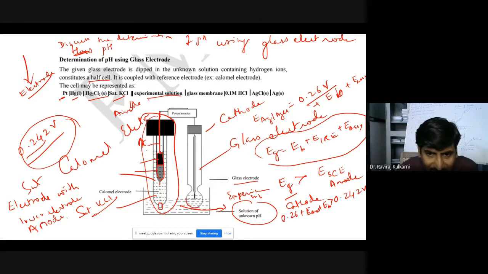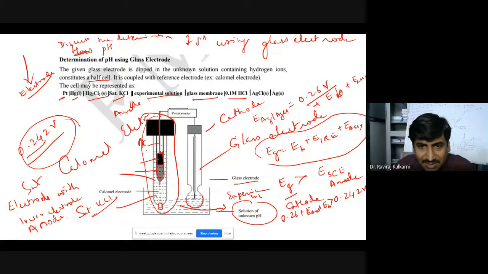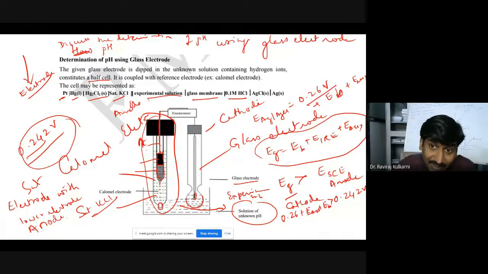Glass membrane. This glass membrane is in contact with what? 0.1 M HCl. And this HCl is with silver coated with silver chloride, AgCl. AgCl is in contact with Ag. You remember this diagram.